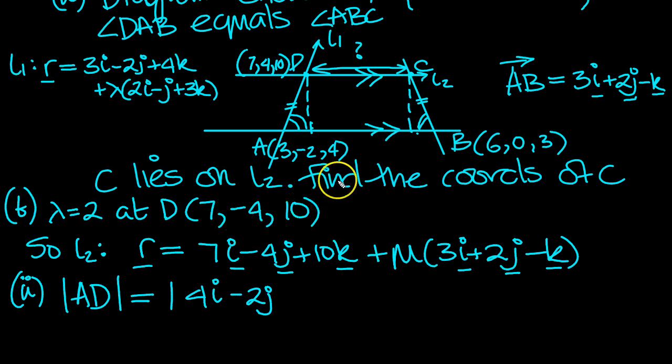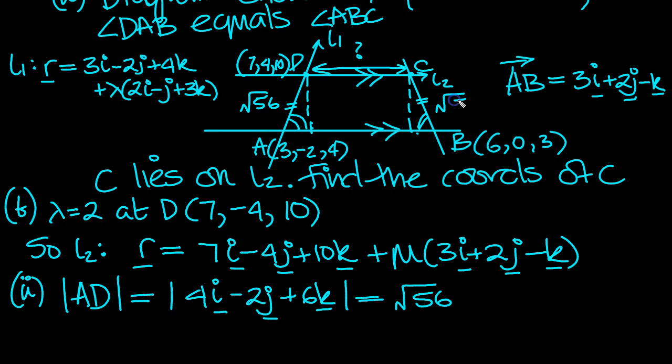And then 10 minus 4 is 6k. So the modulus of this will be 36 plus 4 is 40, plus 16 is square root 56. So that length there is root 56, and this length here is root 56.